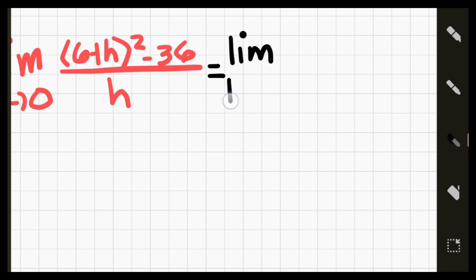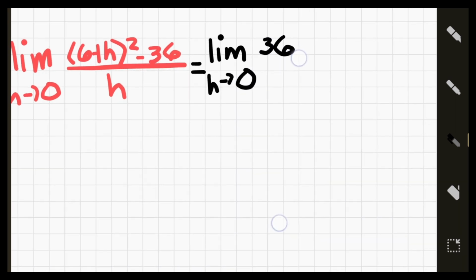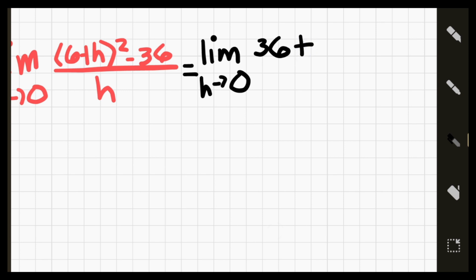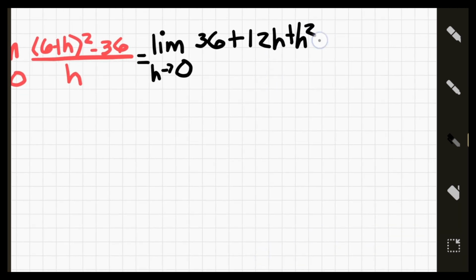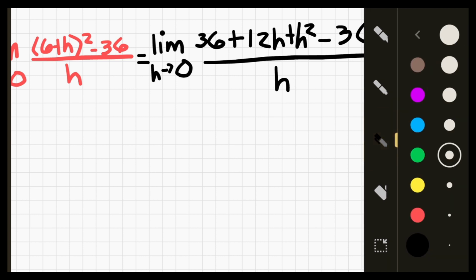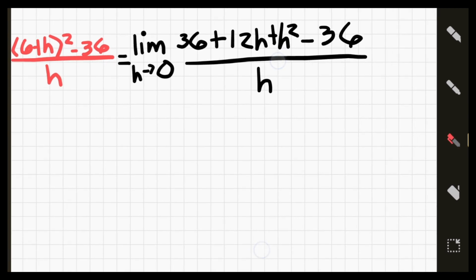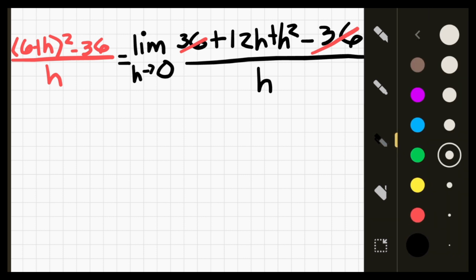So the limit as h approaches 0, 6 times 6 is 36 plus 6h plus 6h is 12h plus h times h is h squared, minus 36, over h. Then we'll cancel out 36 minus 36 since this is equal to 0.